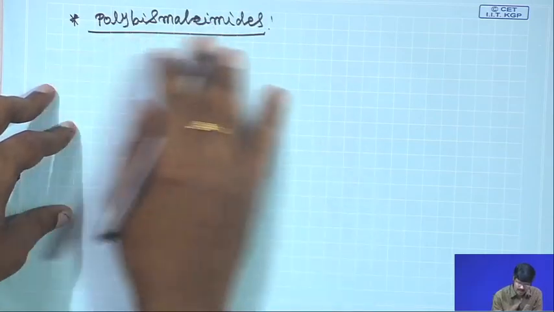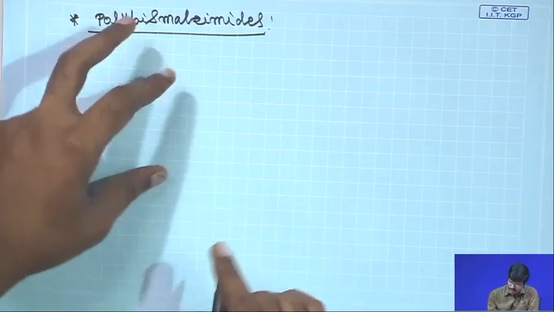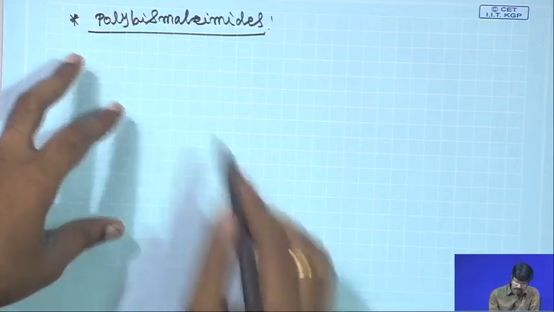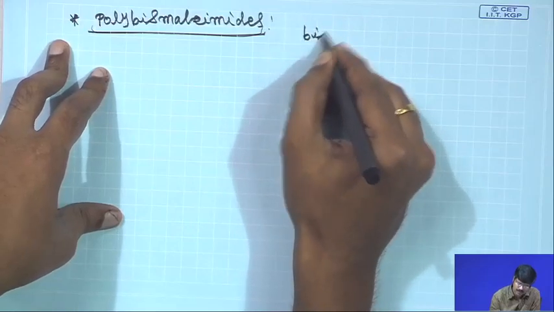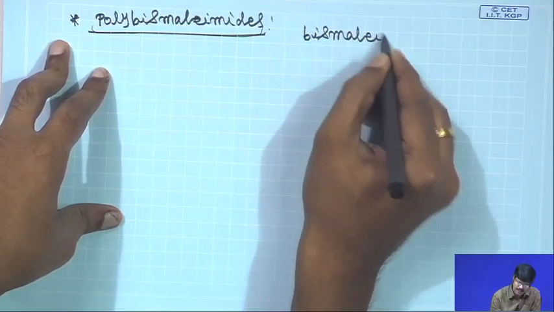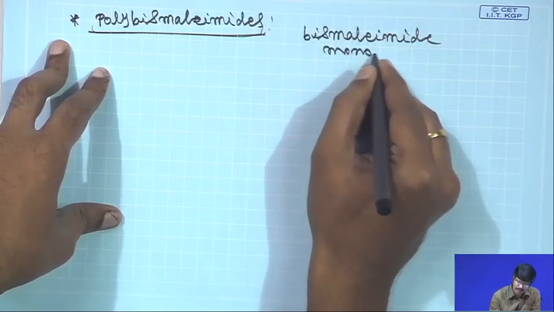I will explain to you why it is called maleimides, polybismaleimides, etc. Polybismaleimide means you have to start with a bismaleimide monomer, which I will come to in a moment.